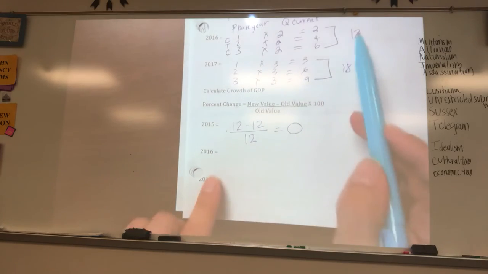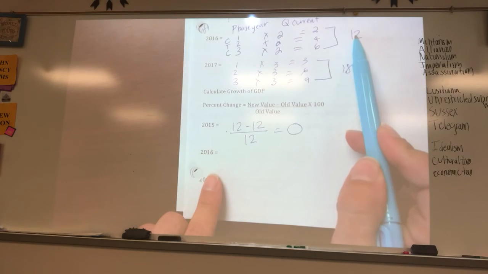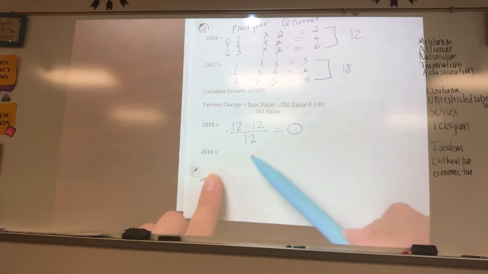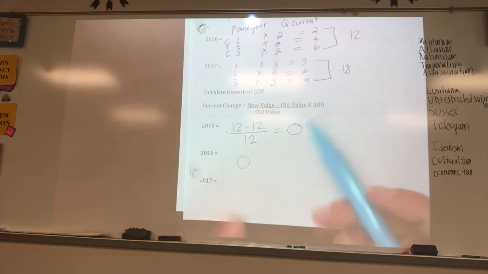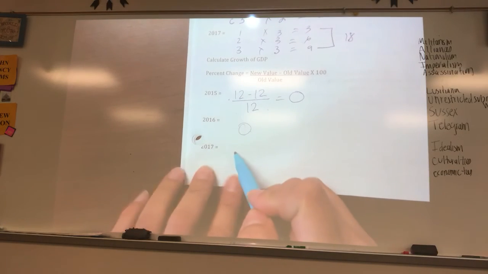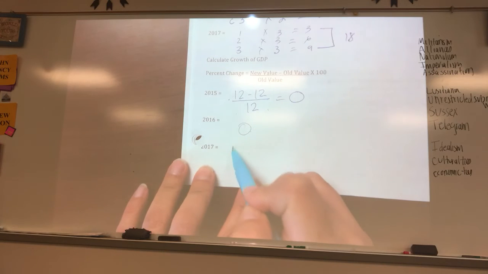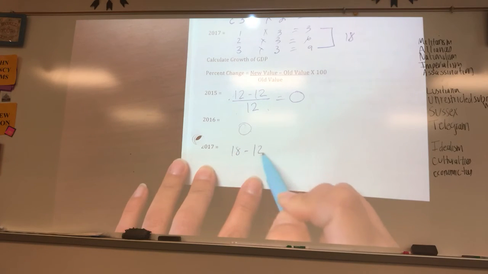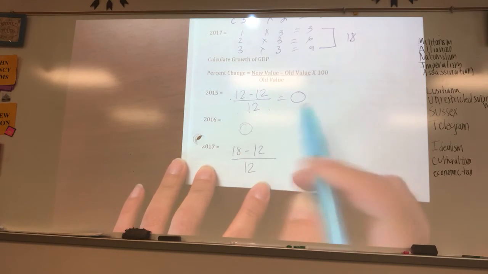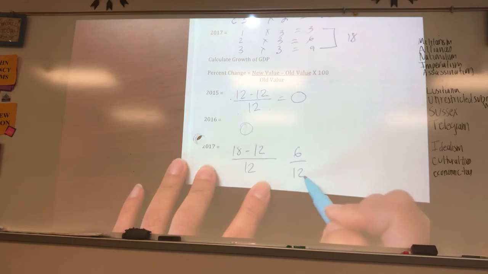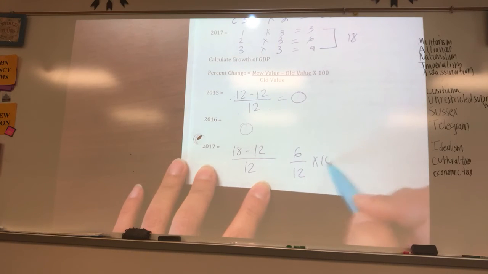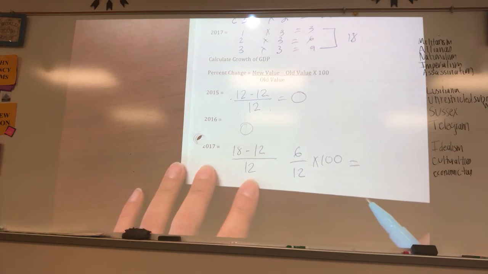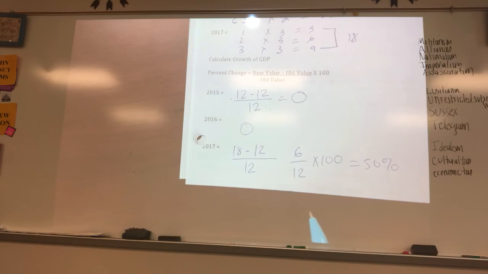So then if I look at the second year, it's 12 again, right? 12 minus 12 over 12 is... Alright, so now for this year, I take the new value, which is what? Minus what? That's going to give me over 12, so that gives me 6 over 12 times 100. 50% growth in GDP.